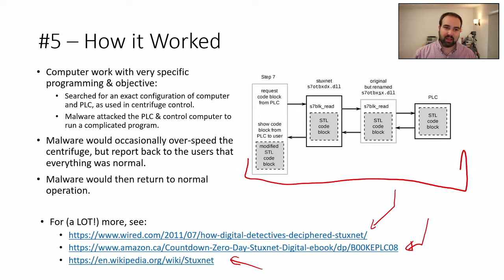Part of the original detection of the attack, because Iran isn't just going to come out and say, oh, by the way, we're under an attack by a nation state, was that some of the atomic energy inspectors, who had access to the outside of these facilities to observe them, noticed a larger than normal number of centrifuges being repaired, removed and replaced.